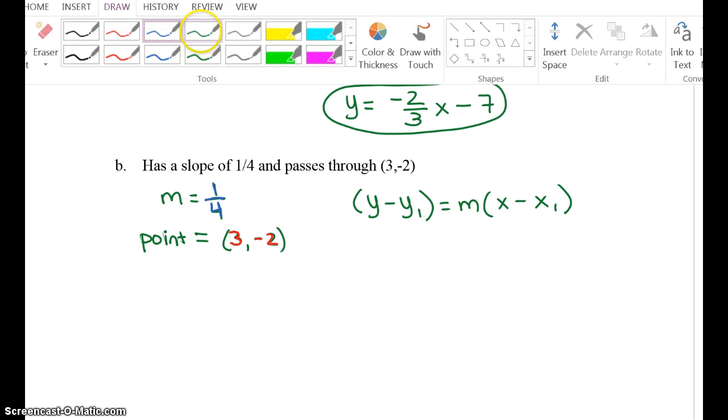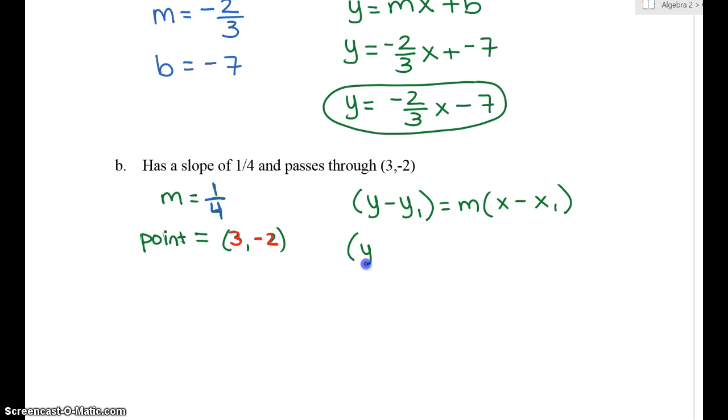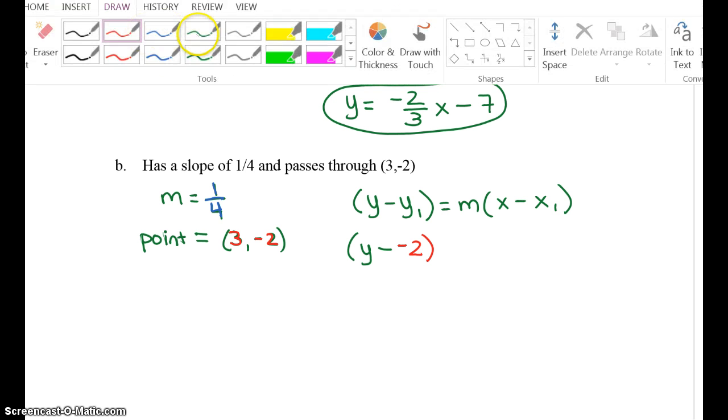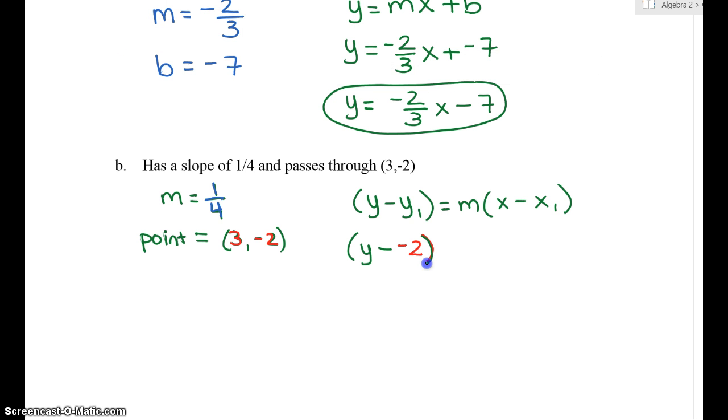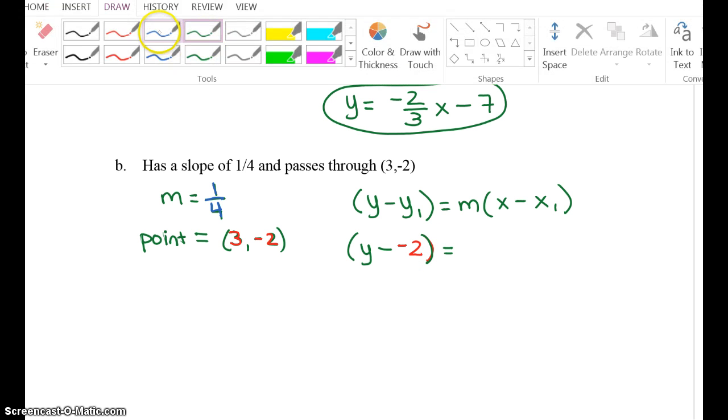We're going to start off with our green color. So open parentheses y minus, and then y sub 1 comes. Well, in this case, y sub 1 is negative 2. So notice that I put in the negative 2. Alright, that's really, really important that you see that. Let's make that green because that's supposed to be green. Equals our slope. Well, our slope is 1/4 and it's in blue.